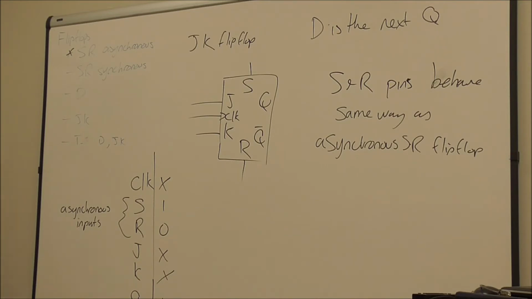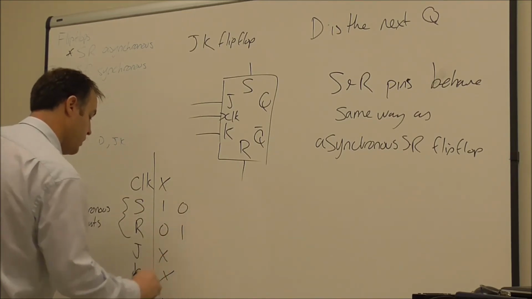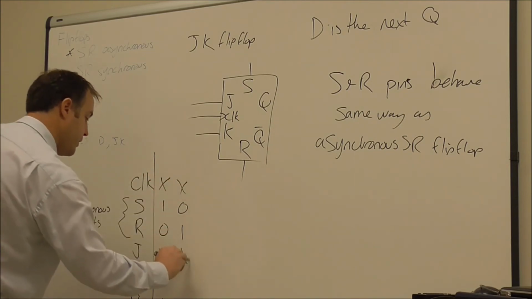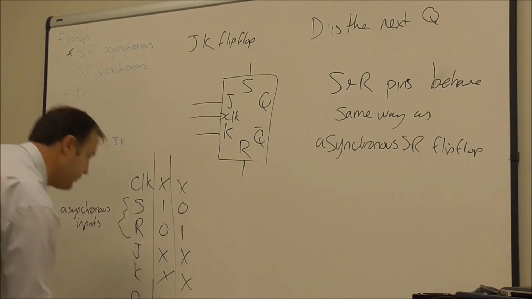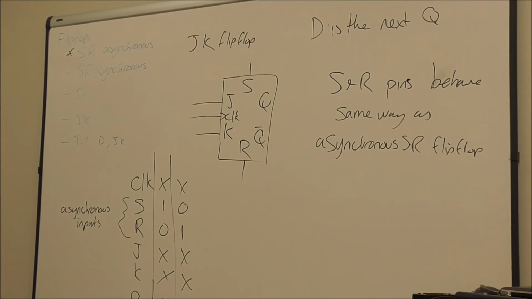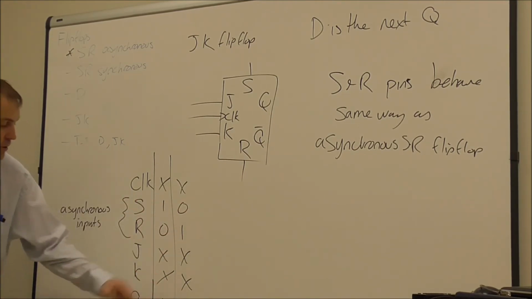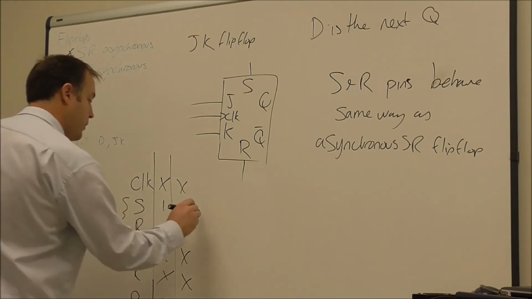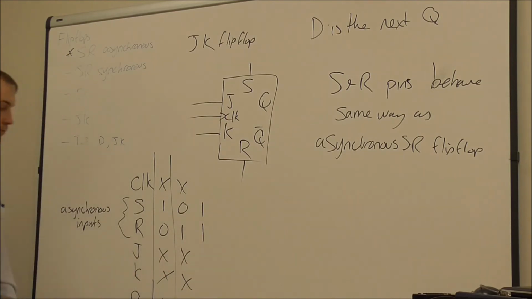All right. Likewise, for these ones. So if S is 0 and R is 1, then Q goes to 0 and Q bar goes to 1. It doesn't care about the clock, J and the K inputs. And you cannot have that.